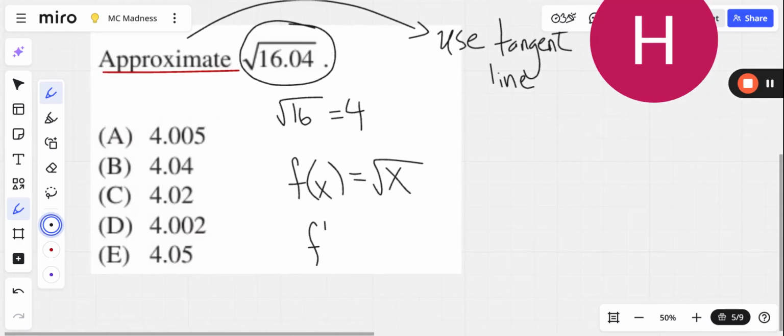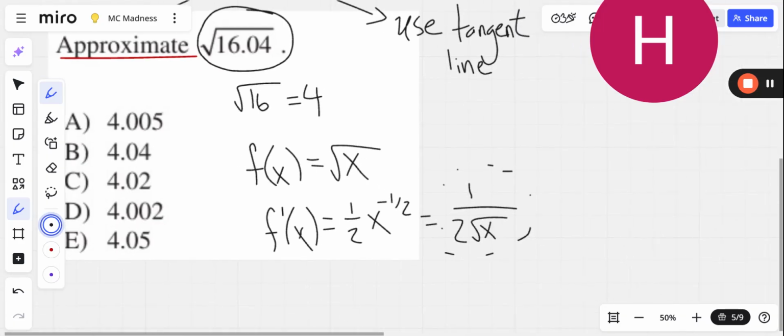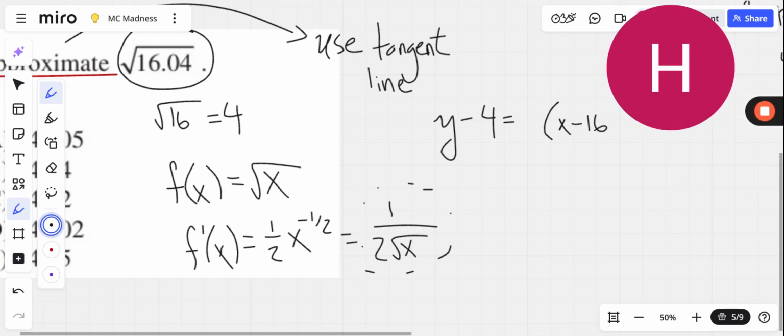And so in order to make a tangent line, we have to take a derivative, of course, and this is a very basic derivative, so you need to be very familiar with how to take the derivative of a square root function. I'm going to simplify it like this just because it's easier to plug stuff in that way. And then we can write our tangent line as follows. y minus 4 equals slope times x minus 16.